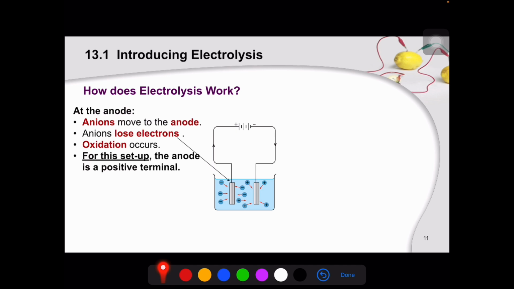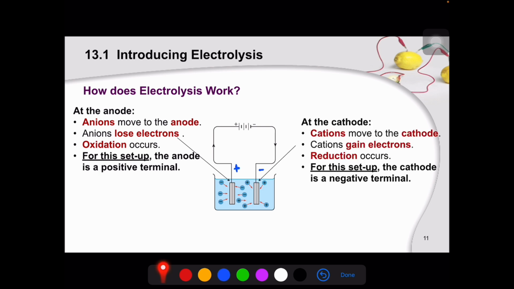What kind of reactions? At the anode, because in this case, like what I said, you are attached to a positive terminal, and over here you are attached to the negative terminal. What will happen is that you will attract different kinds of ions. Anions will start to move towards here, which is the anode, and when anions move towards them, oxidation happens. So oxidation is basically the losing of electrons, and then a reaction takes place here, and it allows the electron to flow through.